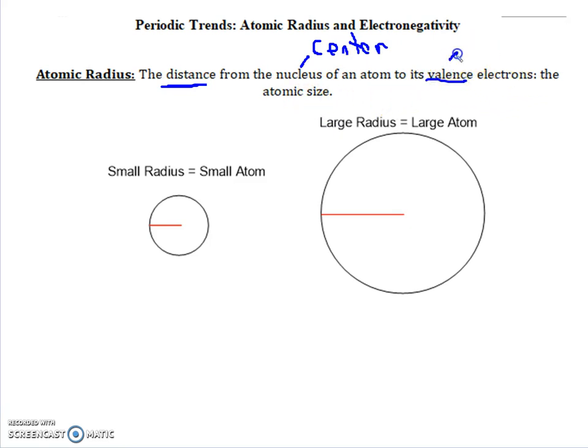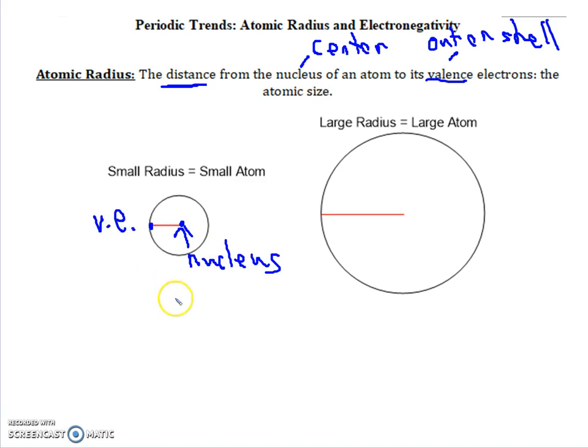And I remember valence is the outer shell. Right? Because we've got multiple shells of electrons, at least most atoms do. And atomic radius, valence, would be the outer shell. So a small radius, I guess this would be the nucleus, and here would be the valence electrons, I'll just do VE.